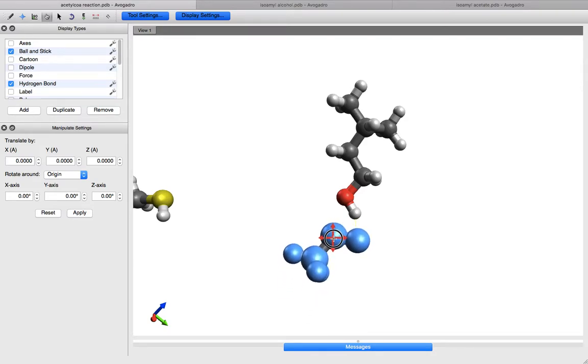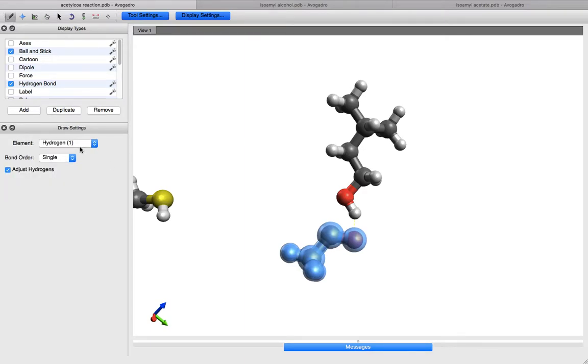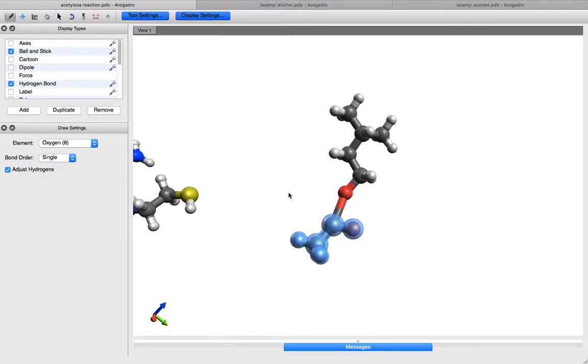And then there's the creation of a bond right there. All right? And once you have that bond, now we have the molecule isoamyl acetate.